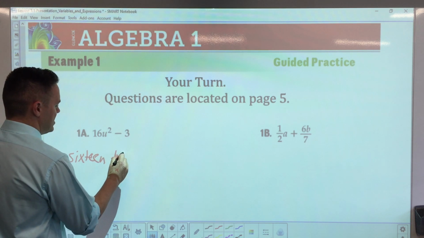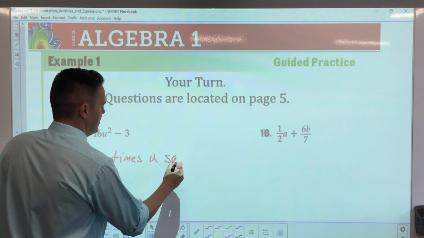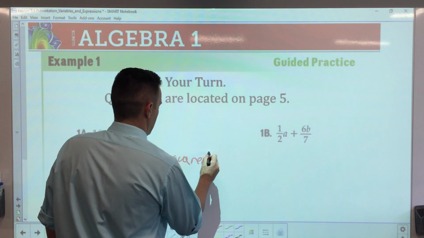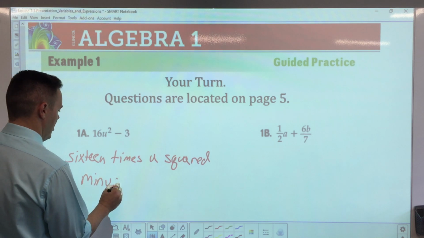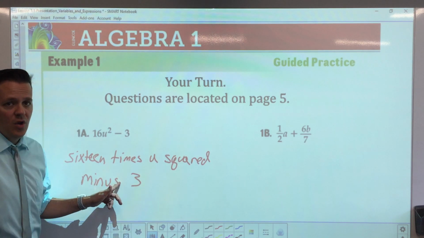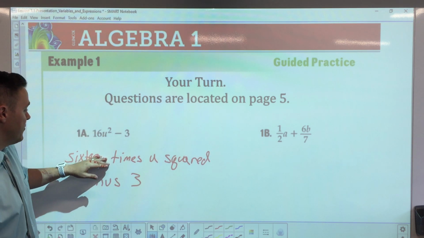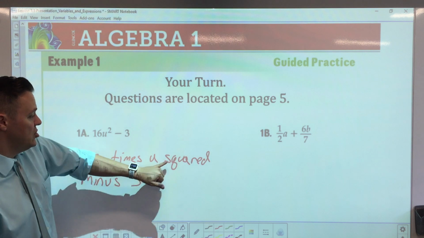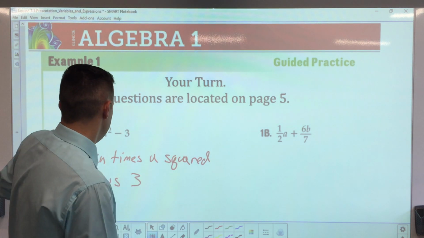And it would be times u squared. And then it would be minus 3. Now, what else could we do? We could put the difference of, just like in that previous example, the difference of 16 times u squared and 3. We could do that. All right, but this is another way to write it.